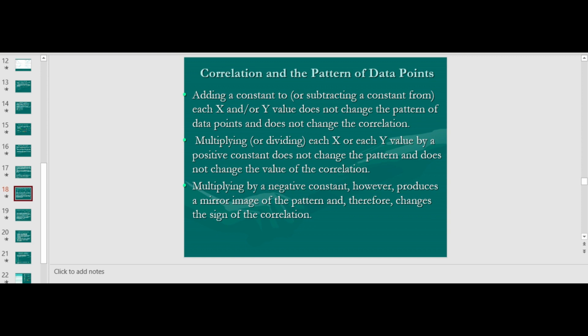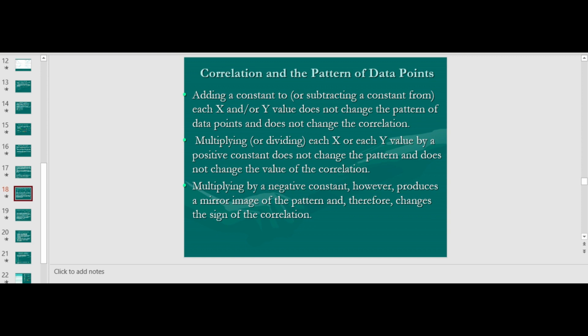For example, if 5 points were added to each x value, then each data point would move to the right, because all the data points shift to the right. The overall pattern is not changed, it is simply moved to a new location.